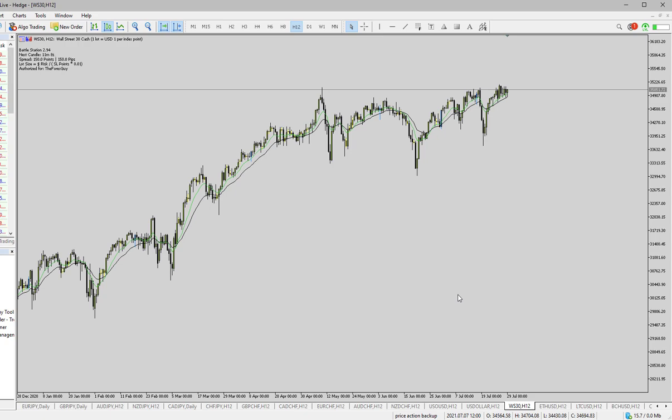So I'll put an end to it here, and hopefully that helped you a lot with mapping out focus points, looking at structure, planning a trade with, especially if you like counter trend trading.